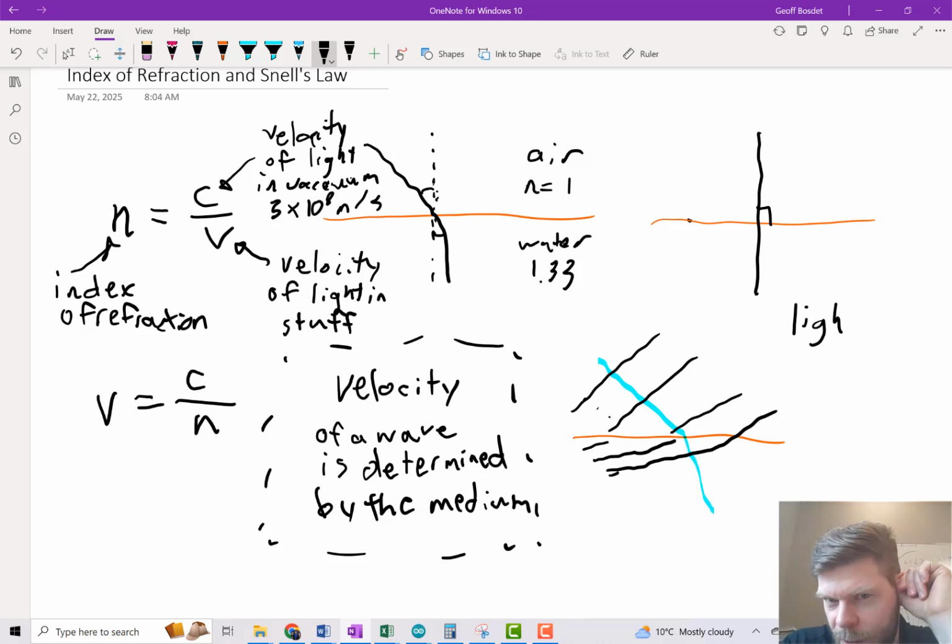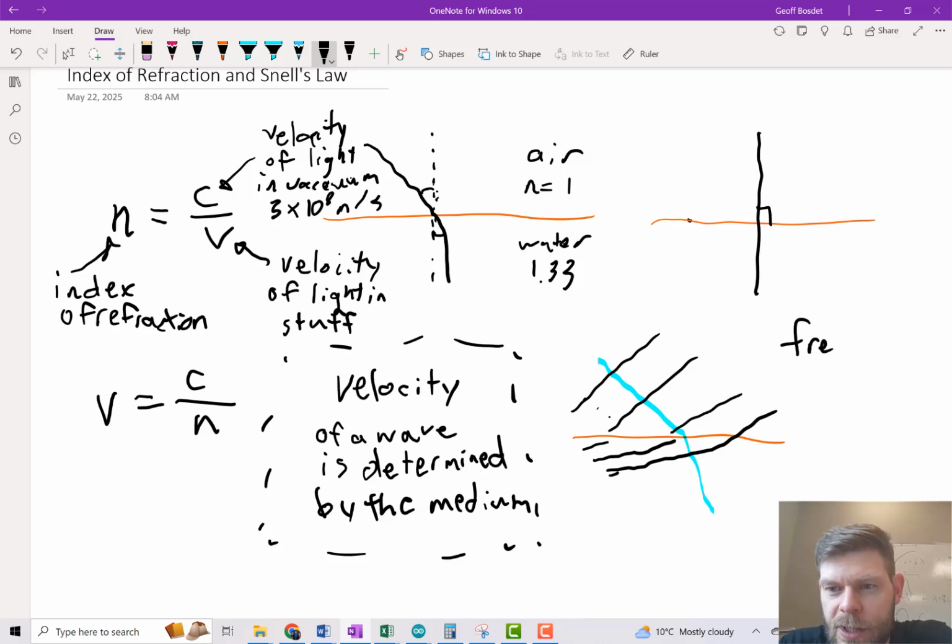And that works for other waves. If you've got some light source and it goes from some substance into another substance, the frequency has got to stay the same. Otherwise, you'd need to make more crests, and that's not happening. You're just slowing them down, so they're bunching up. You're changing the wavelength and changing the velocity.